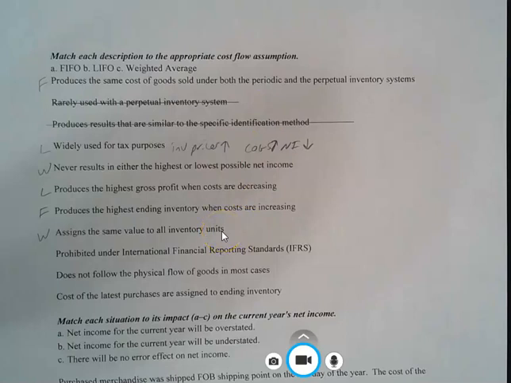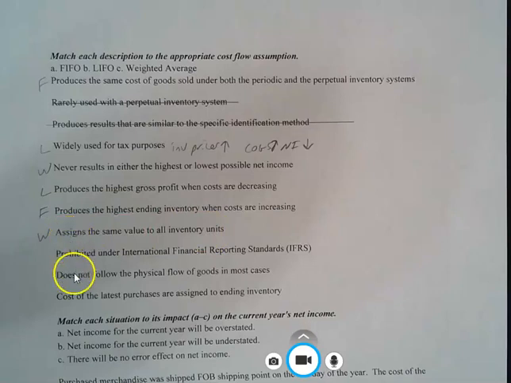But if we think about it, even if we were using a perpetual inventory system, this would be true. Because, you know, if we paid $9 for one item and then $11 for the second item, well, now we're saying both items have a value of $10, right? Even if we purchase those items at different times, and we almost certainly would have purchased them at different times.